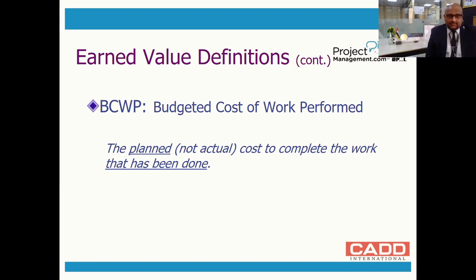If I purchased only the mouse or the keyboard alone, I would have earned maybe 100 dirhams. I know it's a little tricky, but just understand that budgeted cost of work performed is the planned amount of the work which has been completed.